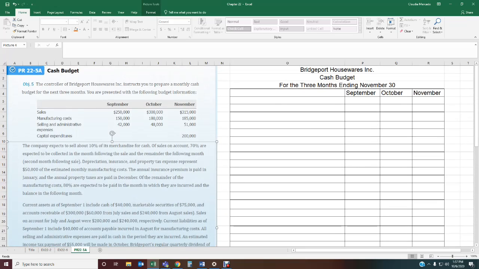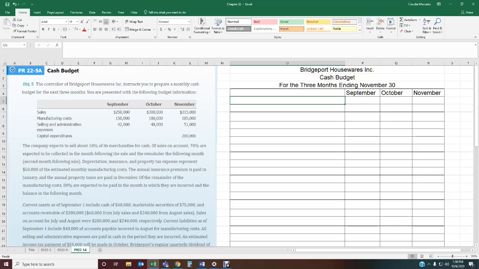So this is a setup of my cash budget. I've got the name of the company, which is Bridgeport Housewares Incorporated. This is my cash budget, and this is for 3 months ending November the 30th, for September, October, and November. So the first thing that we're going to deal with in preparing our cash budget is our cash receipts.